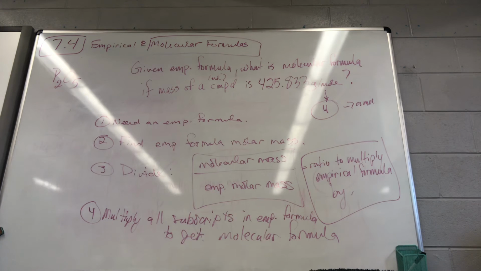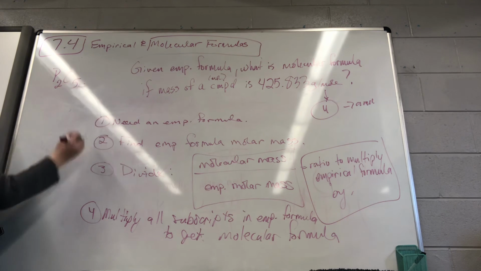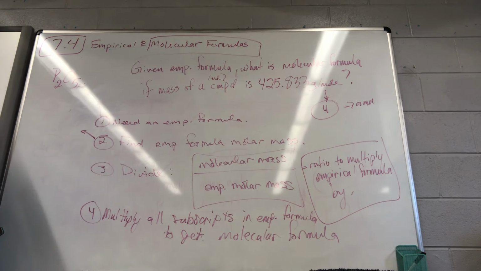So let's do this for P2O5. Step 1 was we needed an empirical formula. Do we have it? Yes. Step 2 is to get the mass of the empirical formula. So how do we do that? From Friday. What are we going to do?